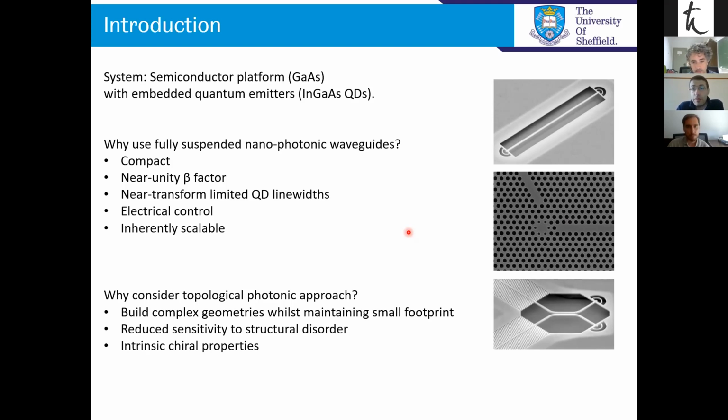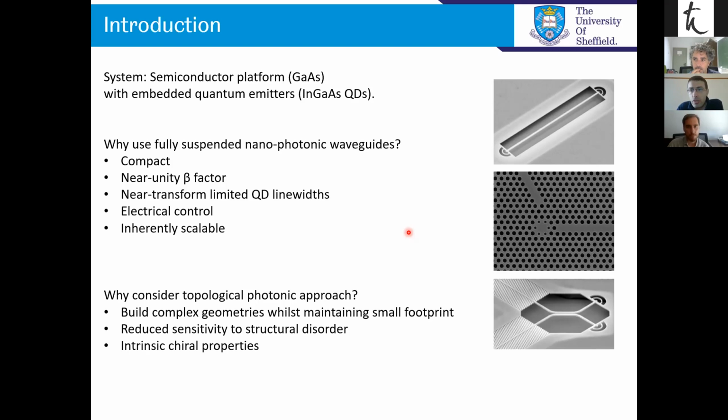But for the purpose of this talk, why would we consider adding topological photonic approaches to augment what we are already capable of? There are several reasons, including the potential to build complex geometries whilst maintaining a small footprint. This is based on the idea of being able to create tight angles in waveguides, against which transmission is robust, which is often not the case for trivial standard waveguides.